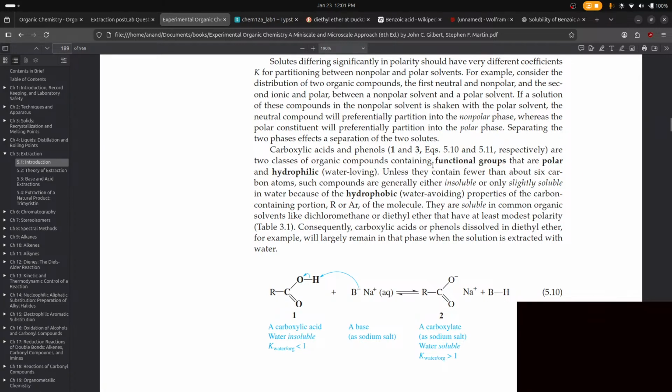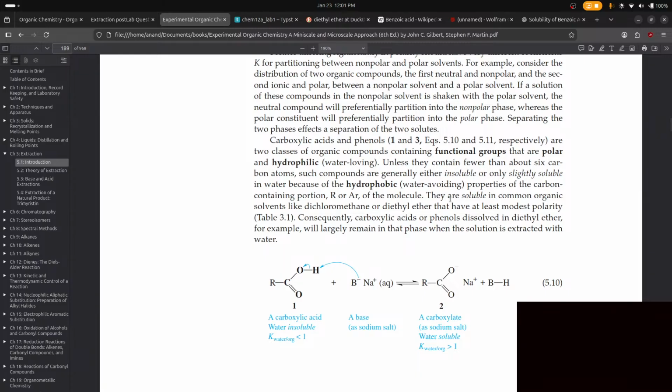Unless they contain fewer than about 6 carbon atoms, such compounds are generally insoluble or only slightly soluble in water because of the hydrophobic properties of the carbon containing portion, R or aryl.